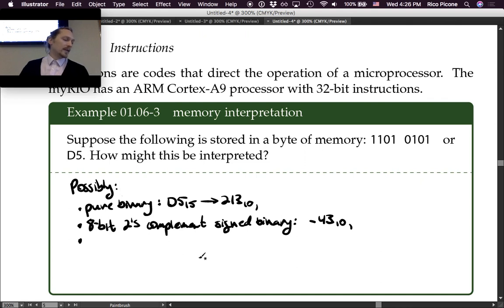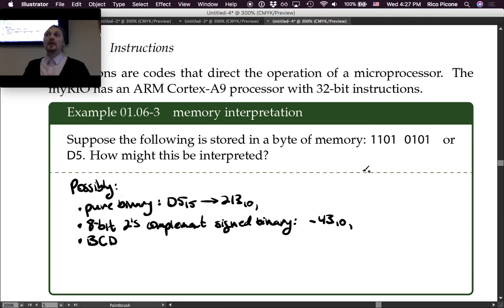It's also possible that it was a binary coded digit with 2 nibbles. The first nibble, though, is actually an illegal nibble because it corresponds to, let's see, 8, 12, 13, right? 13, which isn't 0 through 9, so it's illegal.